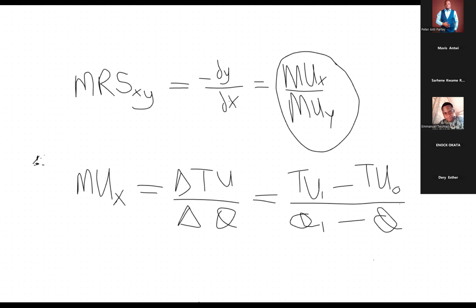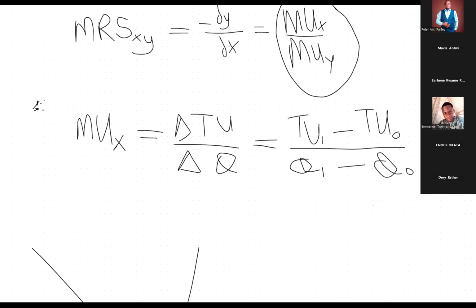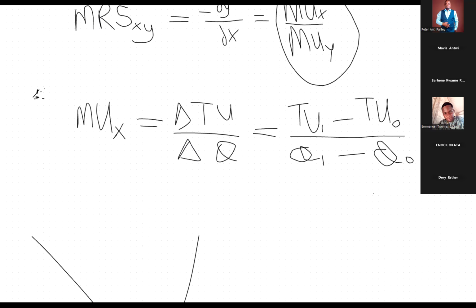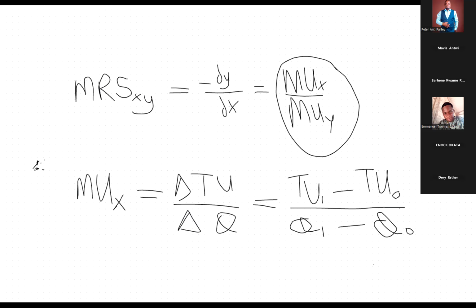Whatever figure you get here, we did this last week, is the figure for mu of x.